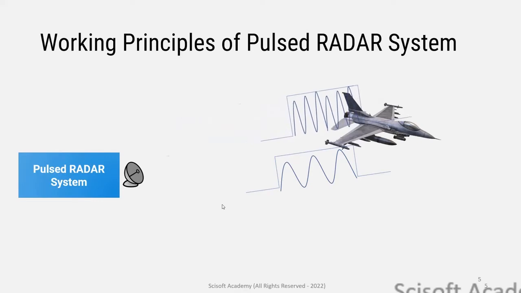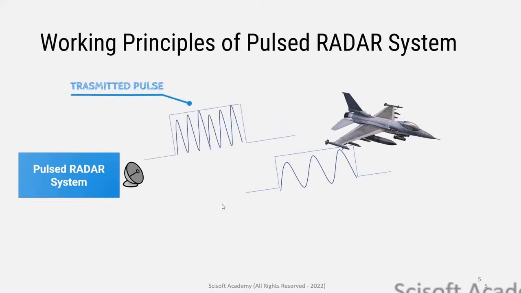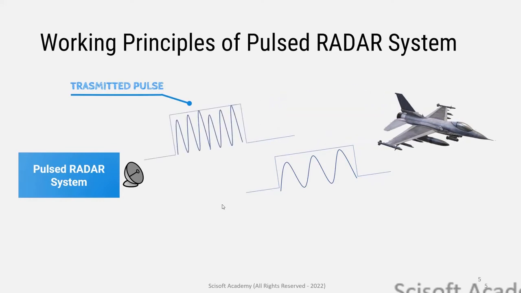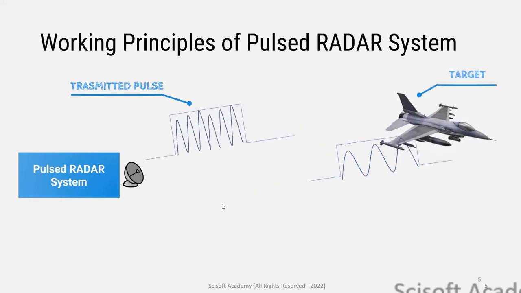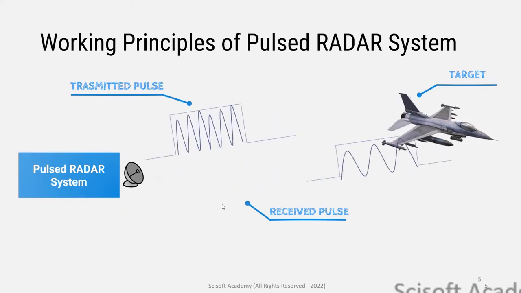As we have already seen from the block diagram, we will have a continuous wave transmitter in the first section, where the pulse radar system is going to generate continuous pulses in the atmosphere. Whenever a target enters the atmosphere, the transmitted pulses are going to get reflected by the target. That is the basic concept.